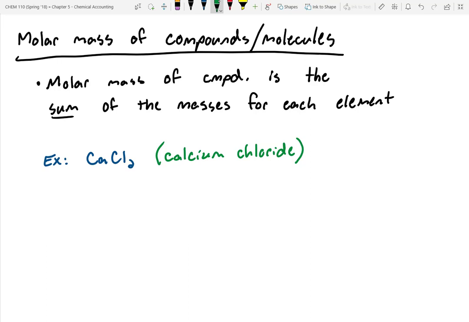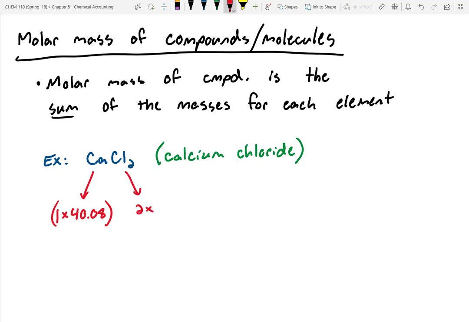And so in order to do this, I break it into 2 pieces. Let's say, all right, we've got 1 calcium. And calcium, if we look at the periodic table, is 40.08. So I would plug that in. And then we've got 2 chlorines.